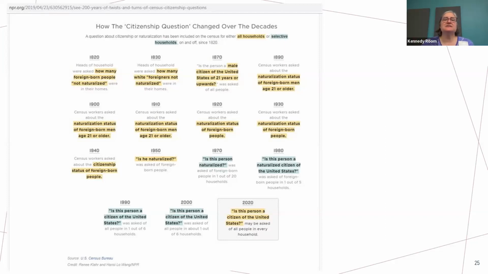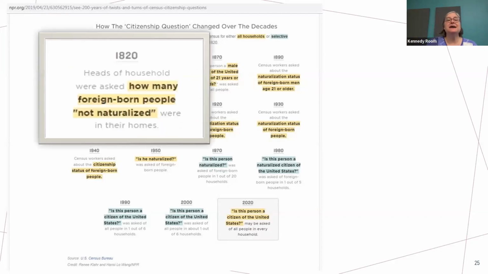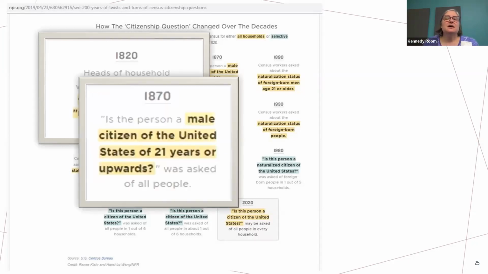So some highlights, all of these pieces are typed out in your handout, so I'm not going to read them all to you. But in 1820, the heads of households were asked how many foreign-born people not naturalized were in their homes. In 1870, is the person a male citizen of the United States of 21 years or upwards?